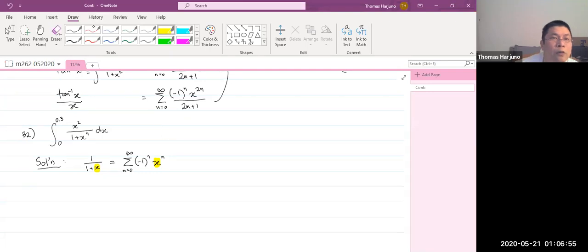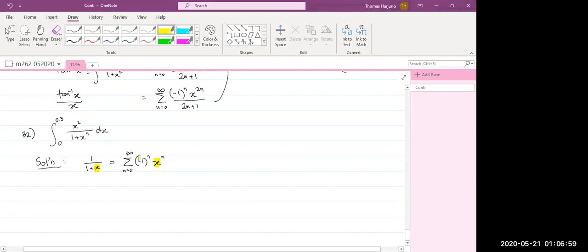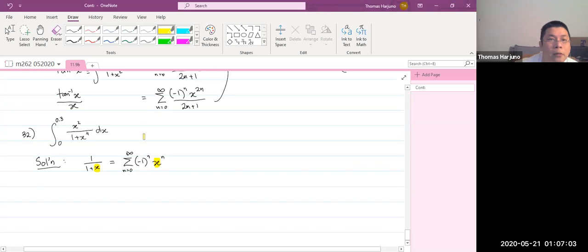Yeah, if you use minus here, then you don't have alternating. Right. Then I will replace that x by x to the 4th. So I get -1 to the n, x to the 4n.